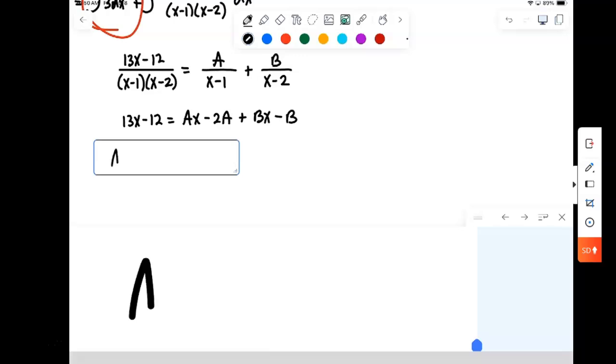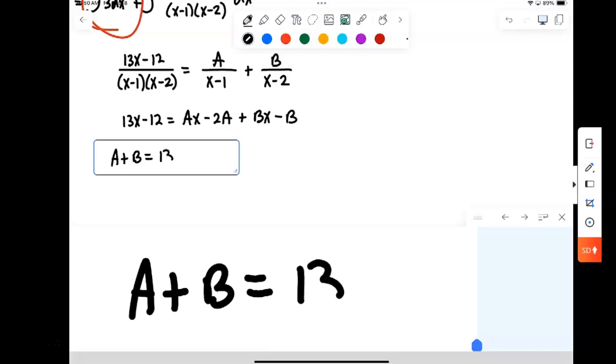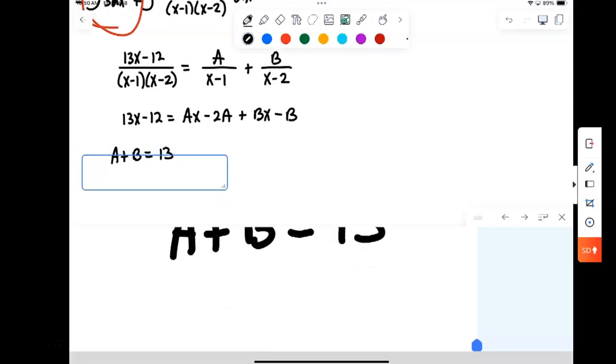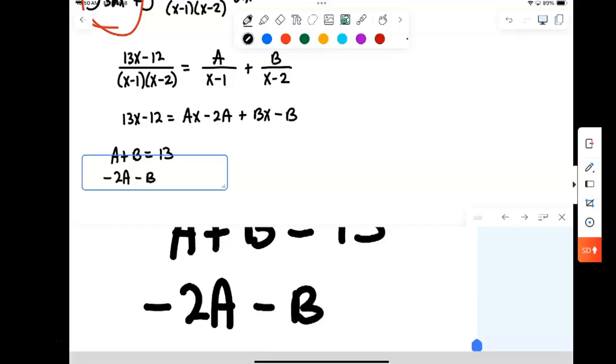So A plus B has to be 13, and minus 2A minus B has to be equal to negative 12. So that's just a basic little system, but we can still solve that.